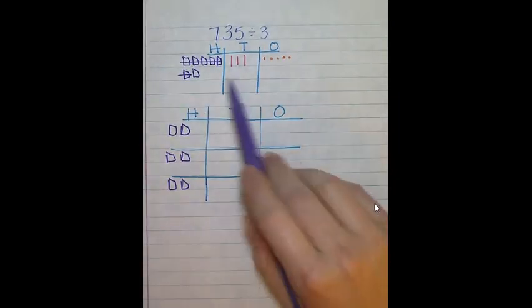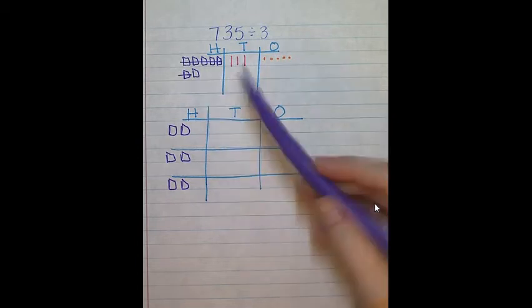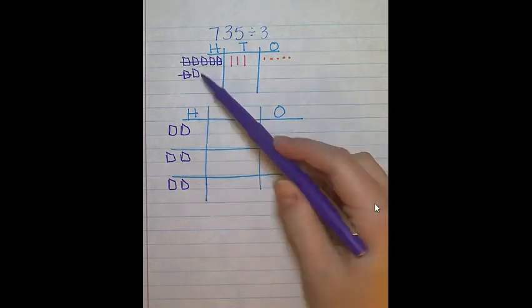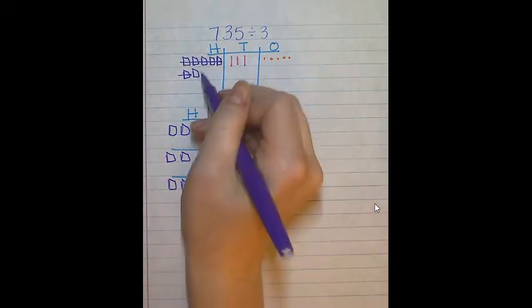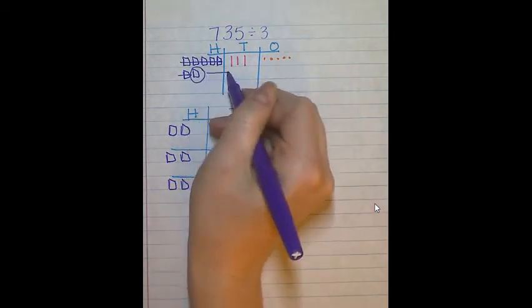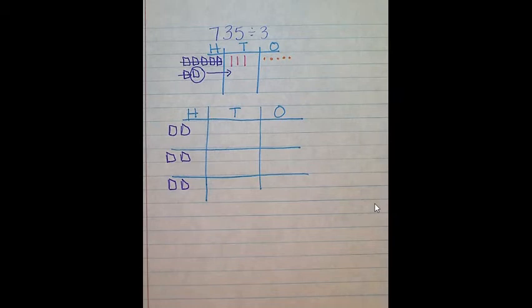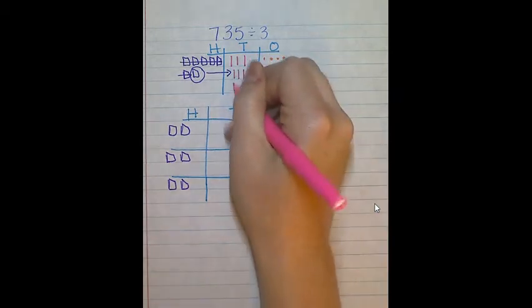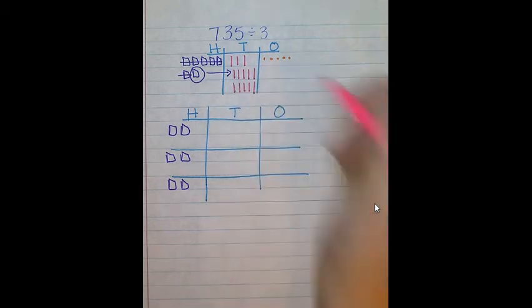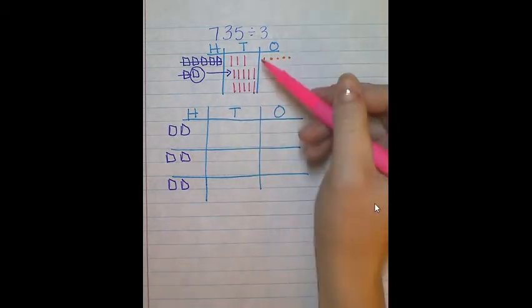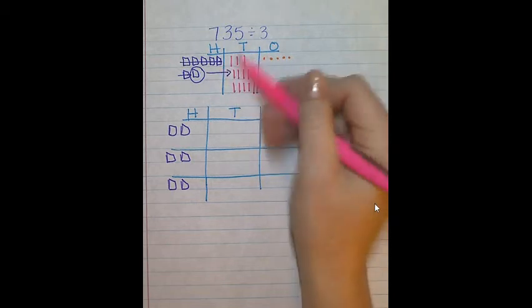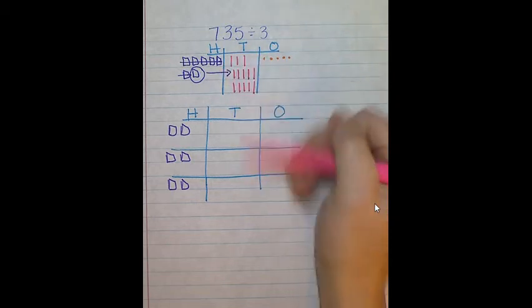I have 100 remaining. I can't put 100 into one group and not the other two, so I'm going to break up this 100 into 10 tens. So now I can put these tens into my 3 groups.